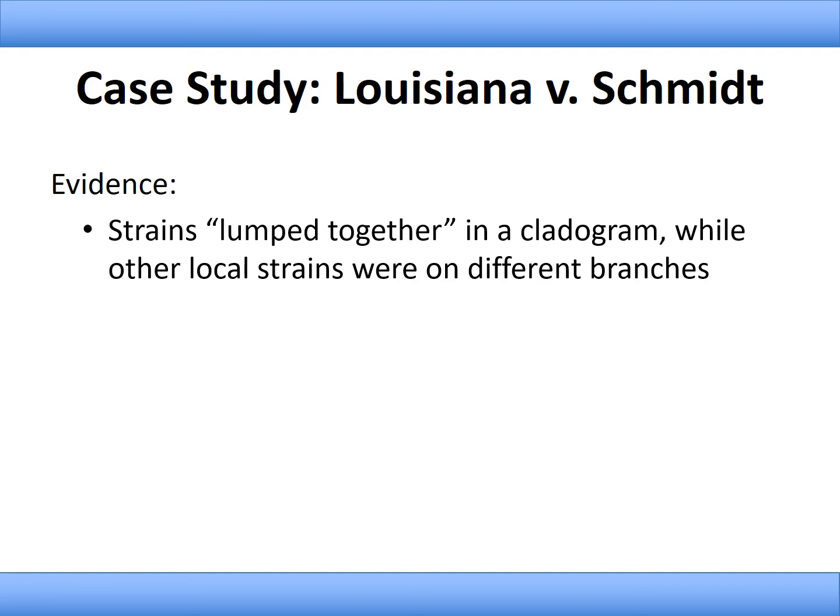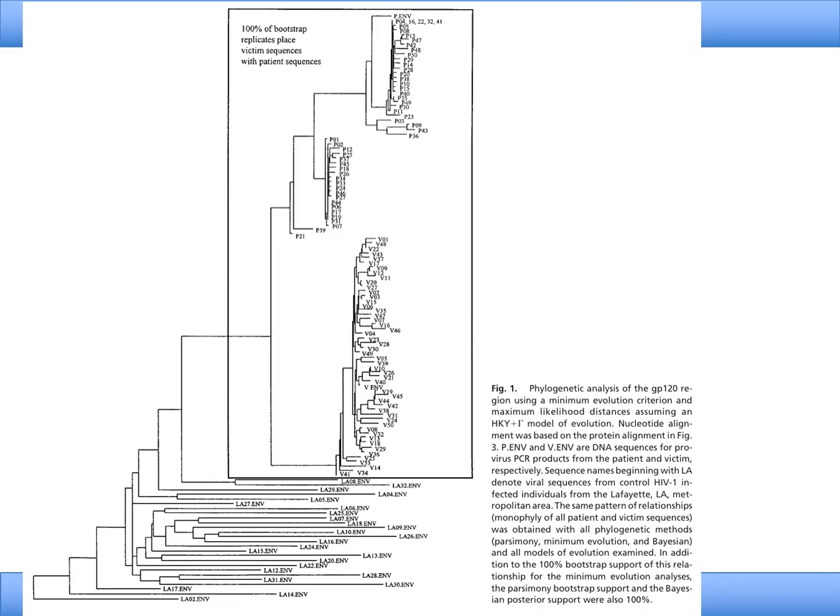These strains of HIV lumped together in a cladogram, while other local strains from different people in the victim's community were on different branches of the cladogram.